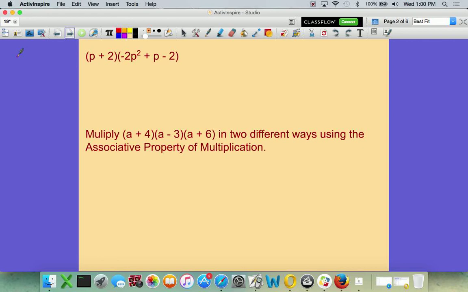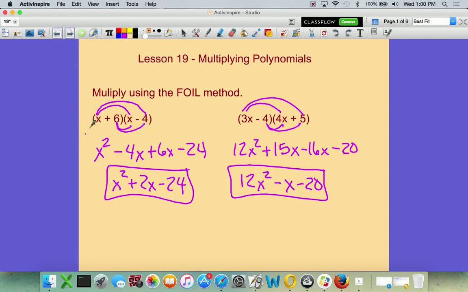Alright, moving on to the next one. Well, now we have a two-term polynomial, or a binomial, multiplied by a trinomial. Alright, well really what's happening, if you come back here and look, is our first term is being distributed by everything else in the other one.